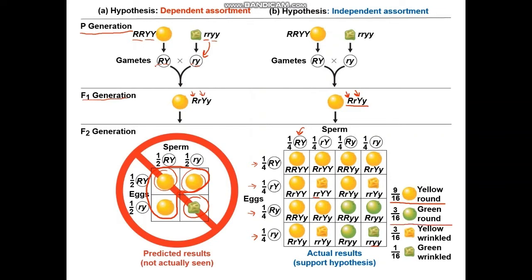So 3 recessive green but dominant round, 3 recessive wrinkled but dominant yellow, and then just one way where we can get nothing but recessive alleles, so you end up with green wrinkled peas. This is a normal ratio for a dihybrid cross. This is a 9 to 3 to 3 to 1 phenotypic ratio.